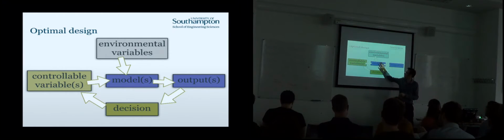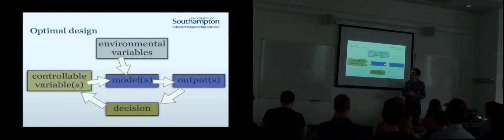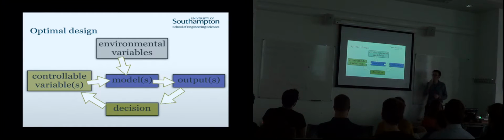And you'll have some kind of way of getting to these outputs from these controllable variables, whether that's some sort of computer model or whether it's actually going through the process in real life. And there'll be some other environmental variables that are going to impact on this. And if you change your controllable variables and look at the outputs and then make a decision based on what happened with those outputs, and you go round and round this loop, you can hopefully get to an optimal scenario.